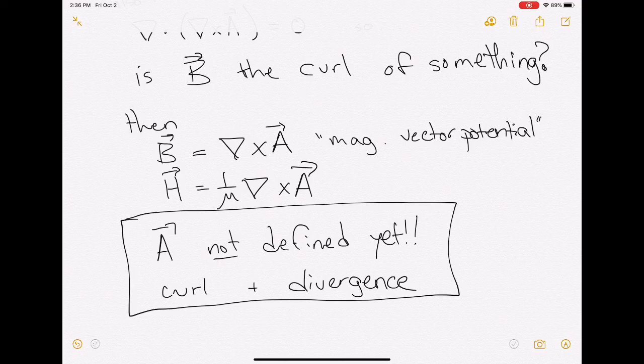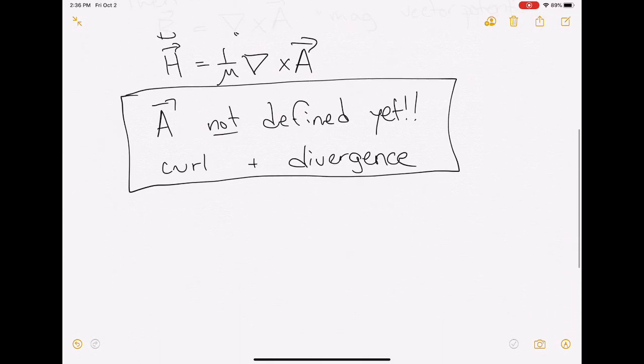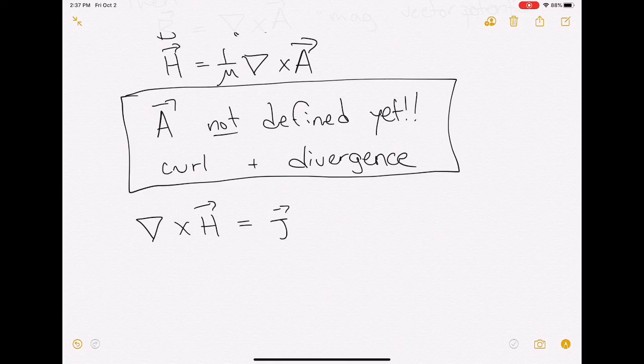Let's start moving towards a wave equation and see what divergence is going to be the most useful thing to put in for A. So we'll start with Ampere's law. The curl of H is J, the volume current density, plus j omega epsilon E. That's the time derivative of the electric flux density.